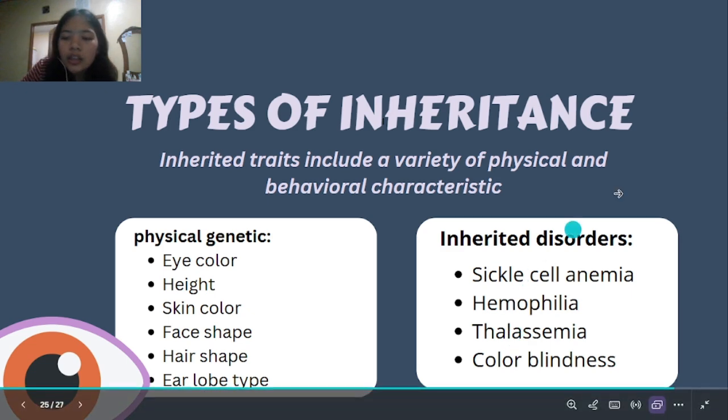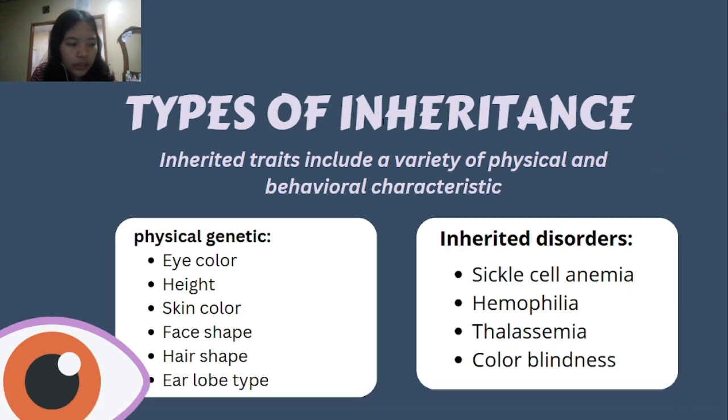And inherited disorders. The first one is sickle cell anemia. Sickle cell anemia is a genetic disorder that affects hemoglobin production, causing red blood cells to be misshapen and break down. The second, hemophilia, is a bleeding disorder that impairs the body's ability to clot blood properly.